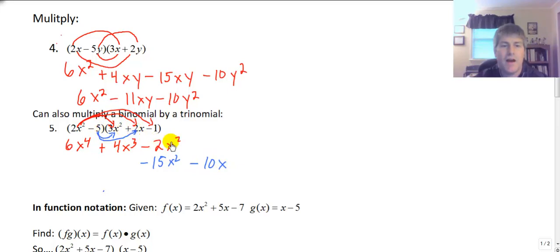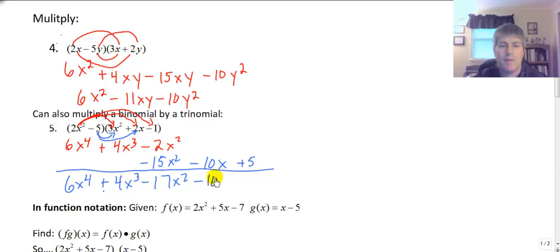And then negative 5 times negative 1 is positive 5. Well, we didn't have that many like terms to line up after all in this problem, but you can get the idea of how simple that is. So we end up with 6x to the 4th plus 4x cubed minus 17x squared minus 10x plus 5.